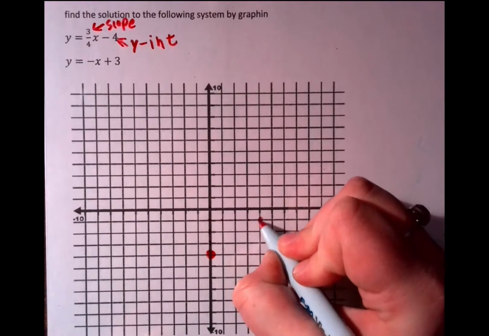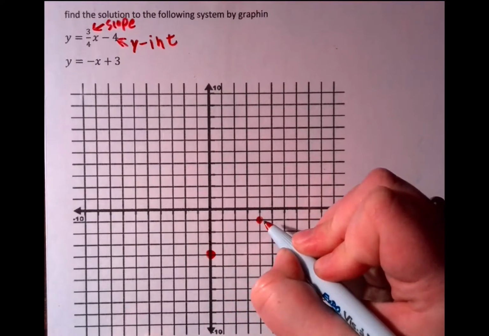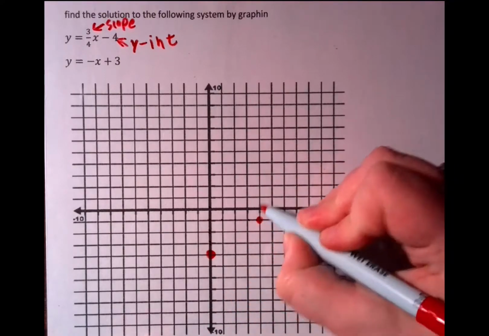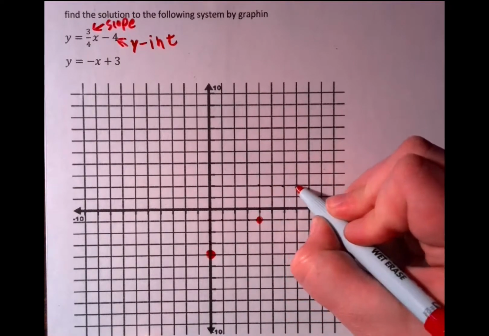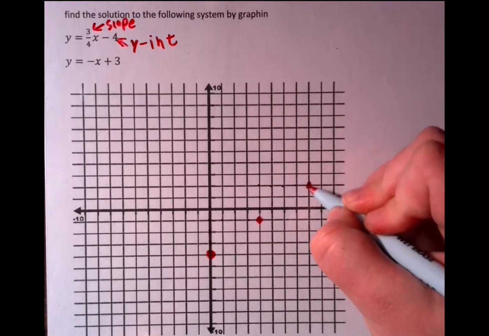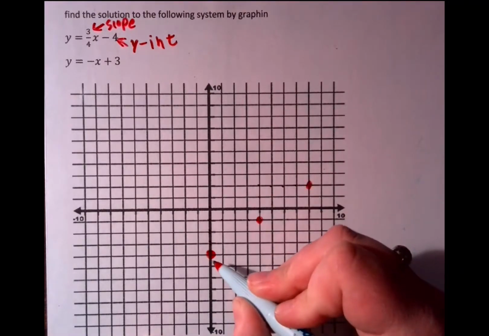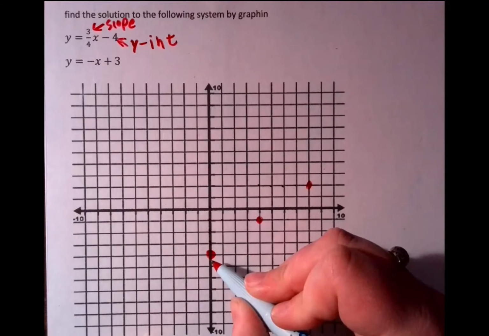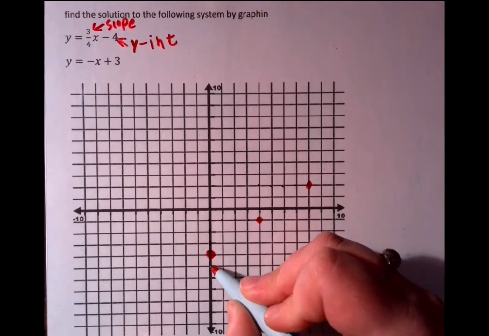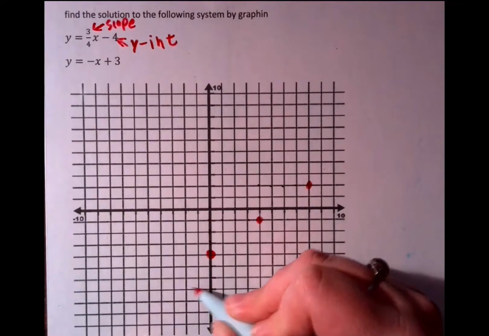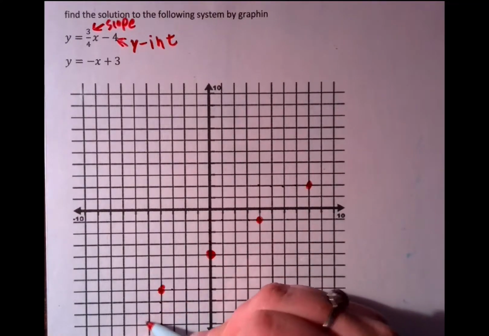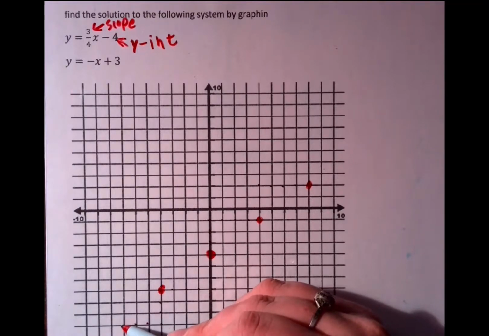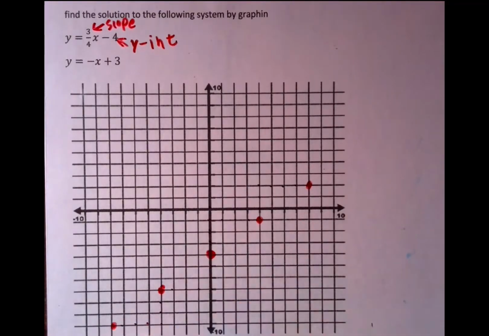So this one tells me I rise 3, run 4. Okay, once I have my points, I can draw my line.